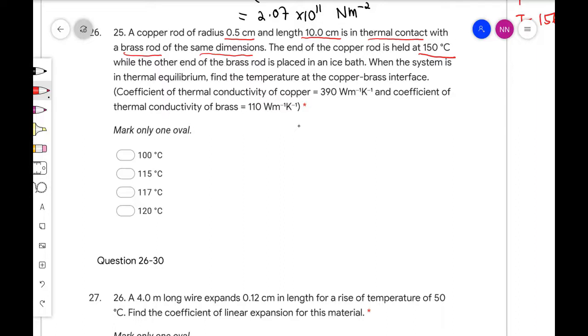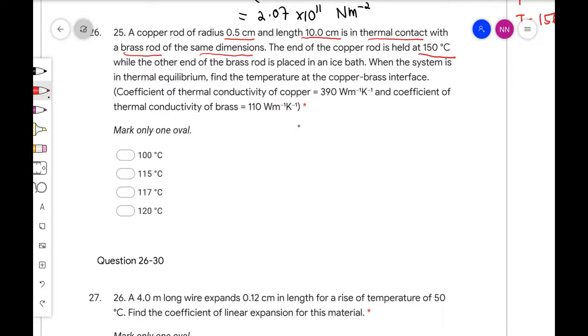And on the other side, negative K of brass times area of brass, change of temperature of brass over length of brass. Copper and brass have the same dimension, so area of copper equals area of brass and you can cancel them. Length of copper equals length of brass, so you can cancel them as well. And you can cancel the negative sign.